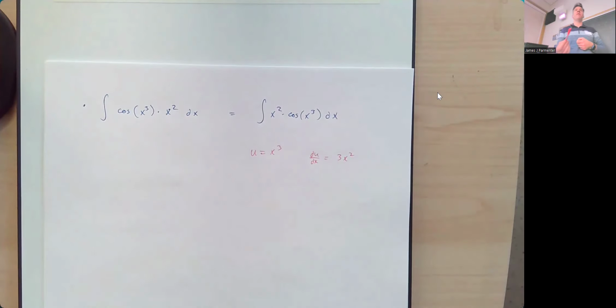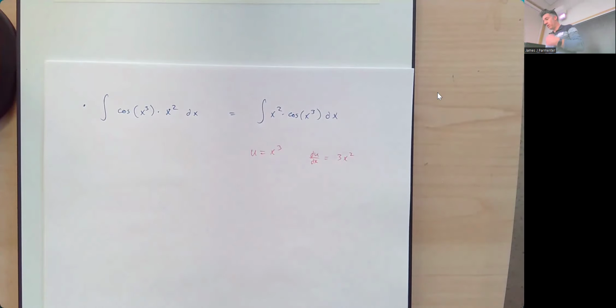The better question I should have asked is, is it close enough? And the answer is a resounding yes, because we can always adjust for a constant multiple. So you really don't care about the 3 there. I just care, is the derivative of my u something that looks close enough to x squared? Yeah, it is. We can fix a 3.